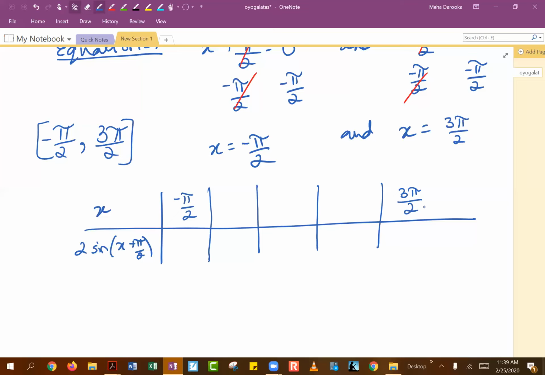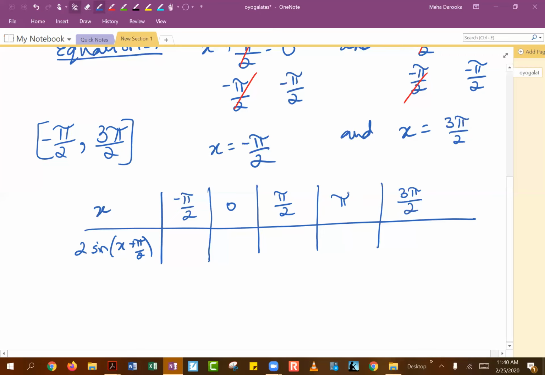Pi halves, yeah, it'll be positive pi halves. Okay, what is halfway between negative pi halves and positive pi halves? Zero, yeah. And halfway between pi halves and 3 pi halves? Pi. Right, very good.